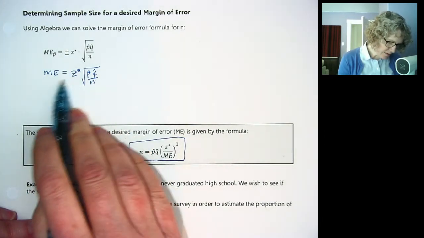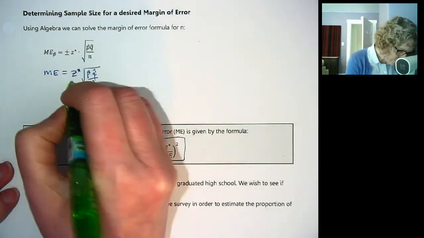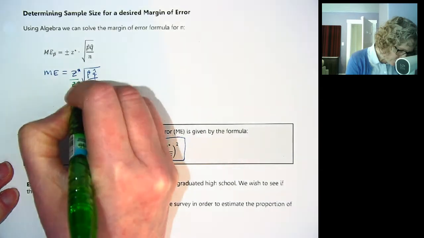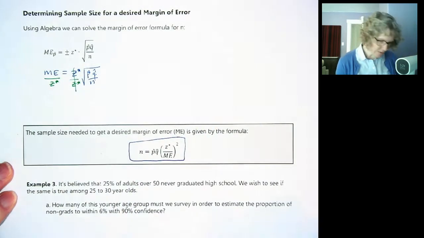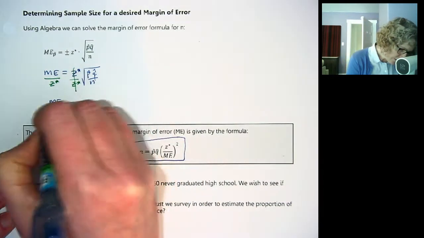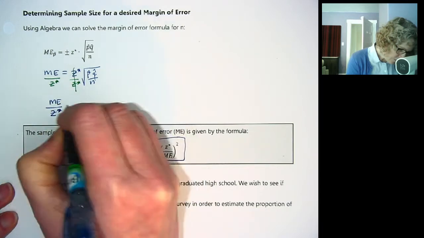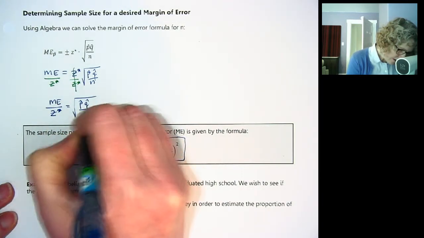Let's move the z star over first. So we need to divide both sides by z star, and that cancels those out. So we have ME, margin of error, over z star equals the square root of p hat q hat over n.